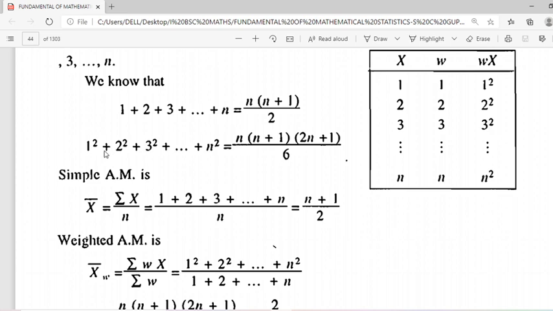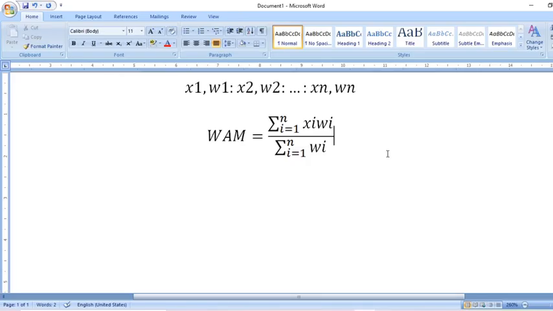So what is simple arithmetic mean? X bar is equal to summation i from 1 to n xi by n, that equals 1 plus 2 plus 3 plus etc. n by n, that equals n into n plus 1 by 2 by n. So I will show that formula here.